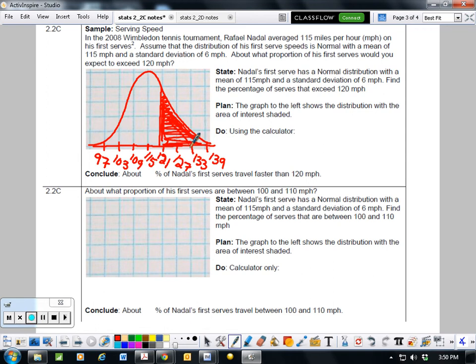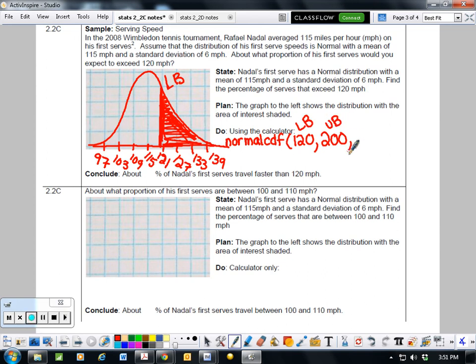What we can do is I can say, I want to do a normal CDF, and based on my graph, my lower bound is 120. My upper bound is something really high. So I want to go way higher than 139. I'm going to go as high as 200. So this is my lower bound, upper bound.